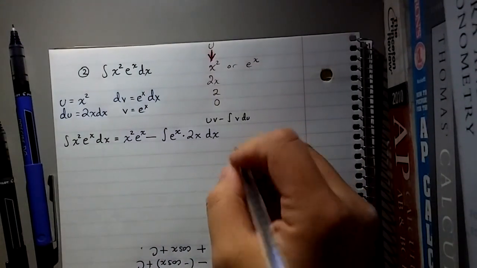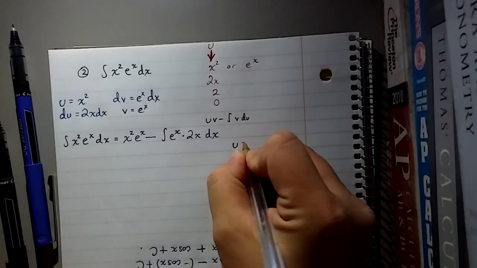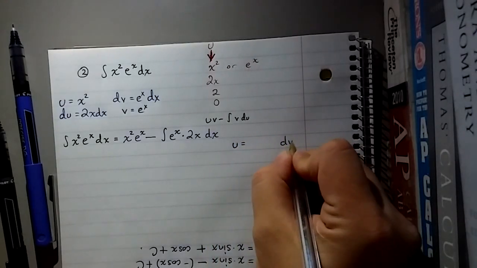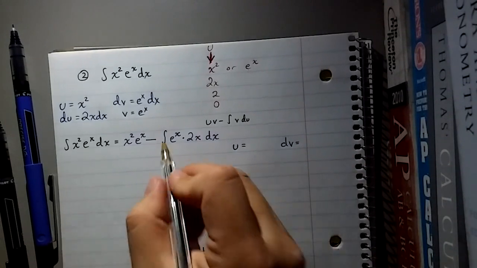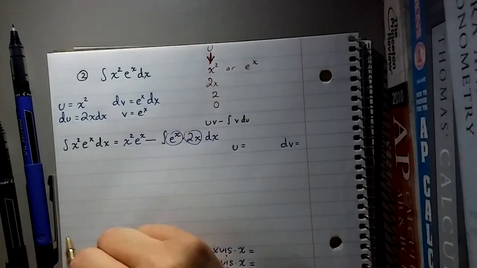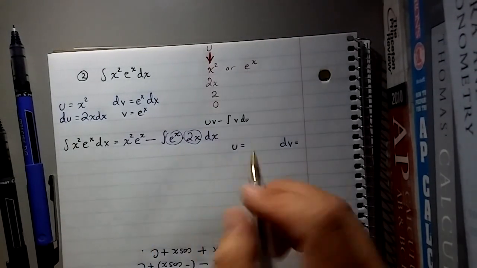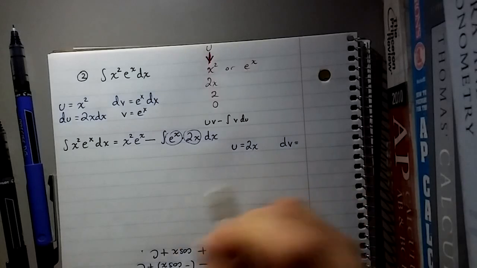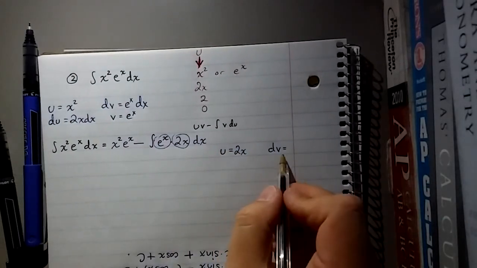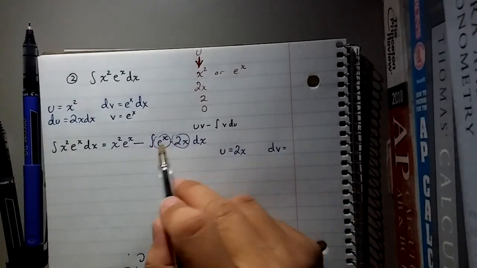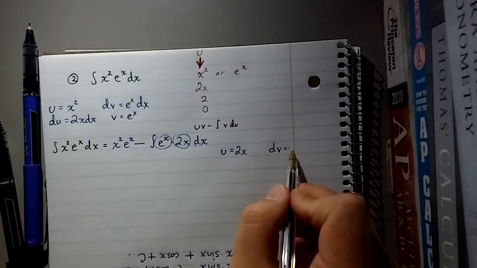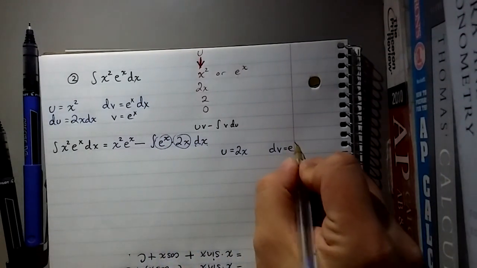Now we pick our new u and a new dv. So between those two, which one will go towards 0 if you take the derivative multiple times? 2x. So that's probably going to be my u. That means the rest of it that I didn't pick, the e to the x and dx, is going to be my dv.